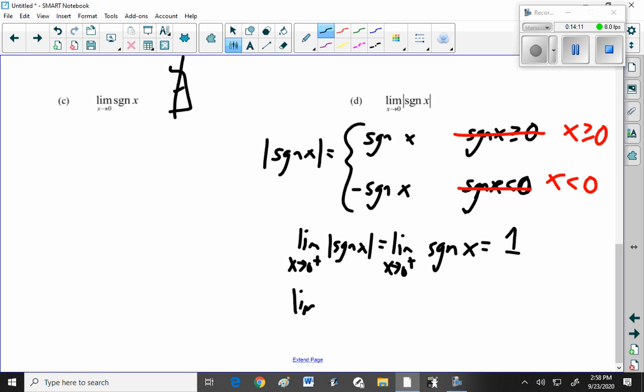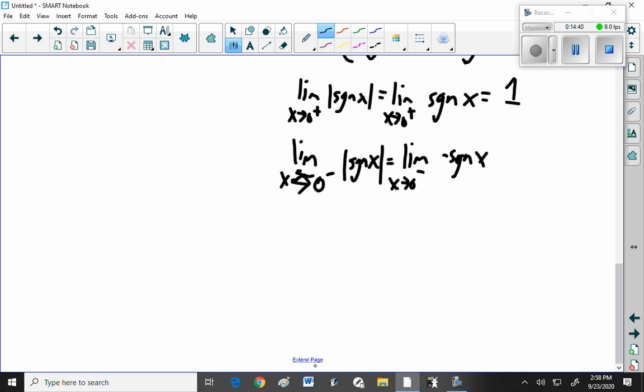Then I look at the limit as x approaches 0 from the left of absolute sign x. That's equal to the limit as x approaches 0 to the left of, well, coming from the left, x is negative. So this would be negative sign x.